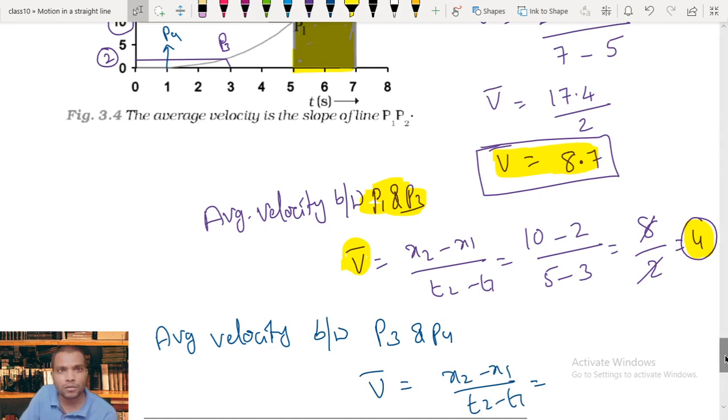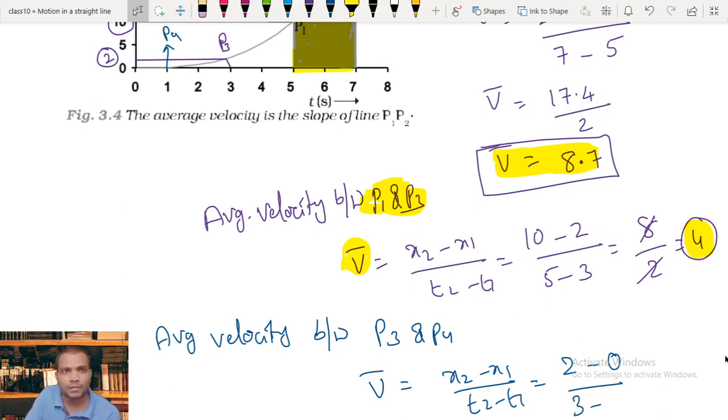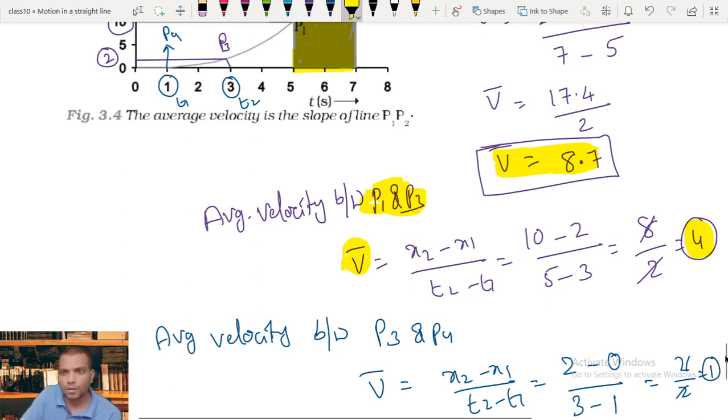The x2 value at P3 I have taken as 2, and x1 at P4 is 0, and time t2 here is 3 and t1 equals 1. So 2 upon 2 equals 1. So the average velocity between P3 and P4 equals 1.